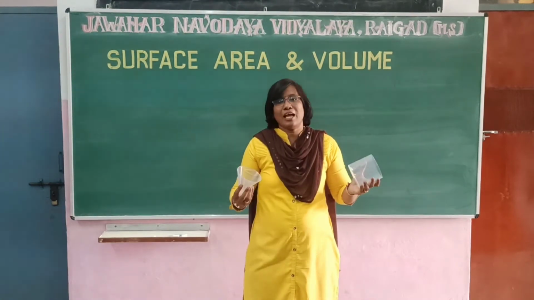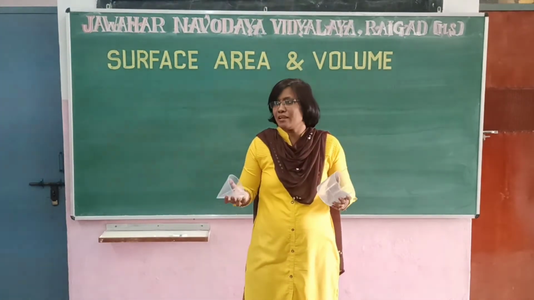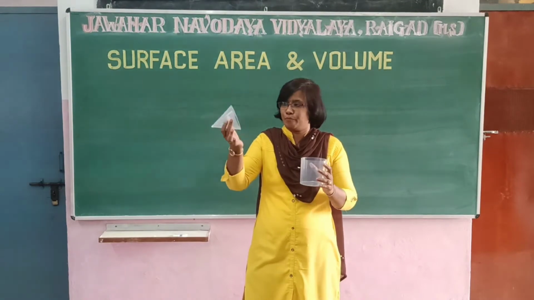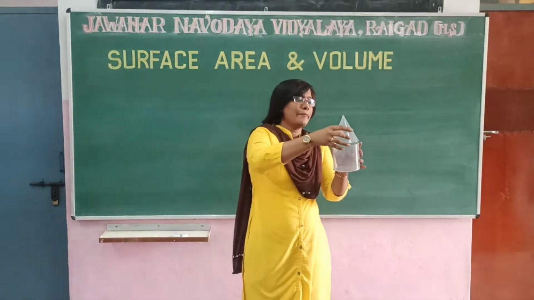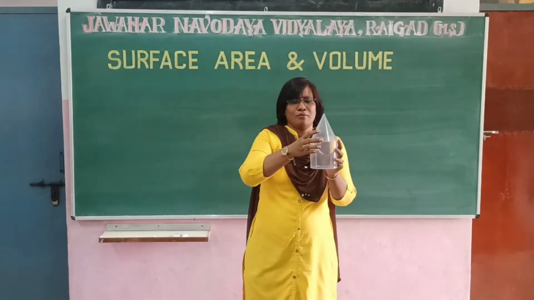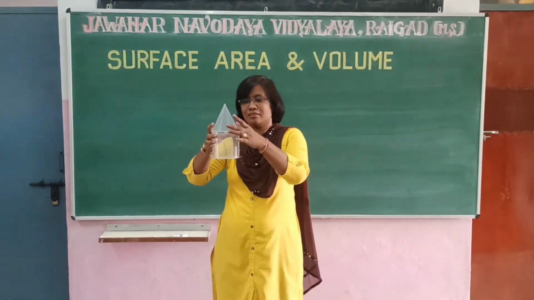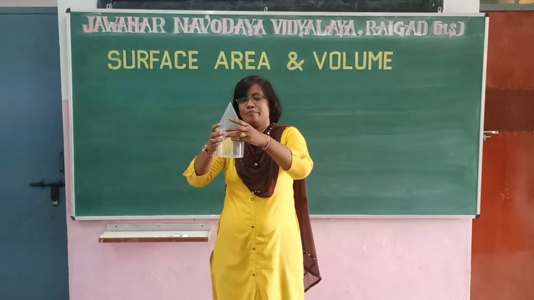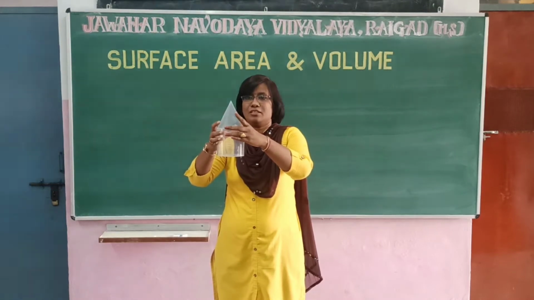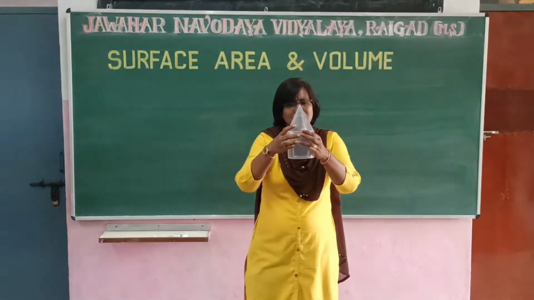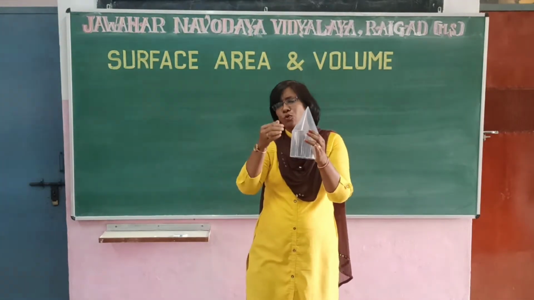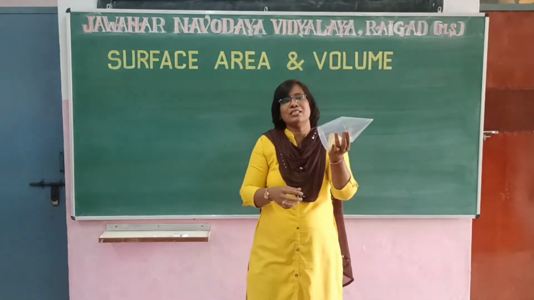Now I would like you to think and answer this question. This cone, I am keeping it on the cylinder. This cone is perfectly fitted on the cylinder. So from this act, what can you tell about the cone and the cylinder?